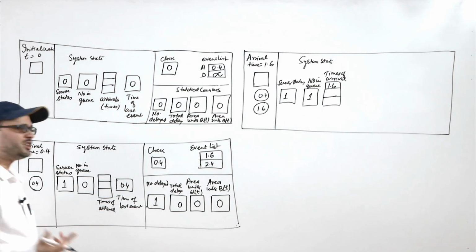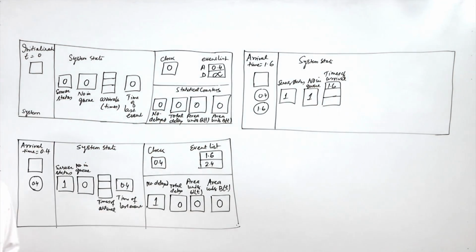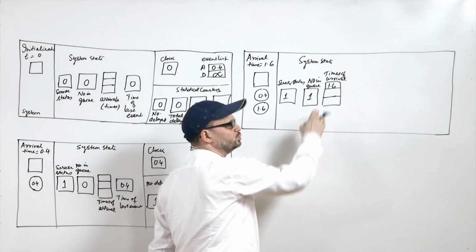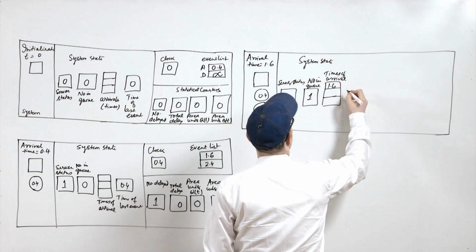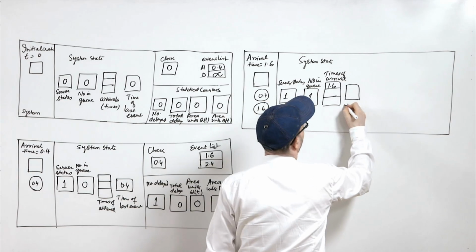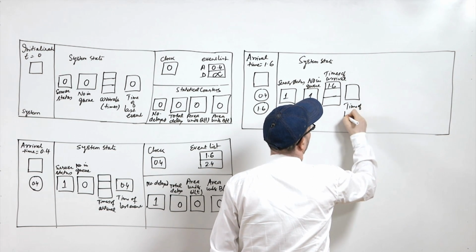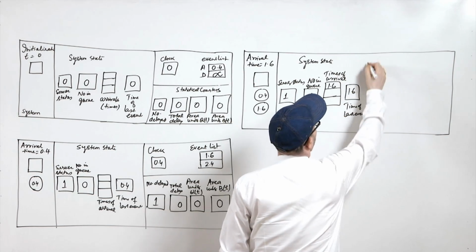So, for the person who is in queue, it records the time of their arrival in the queue, I mean in the system. Then you have the time of last event, which is 1.6.